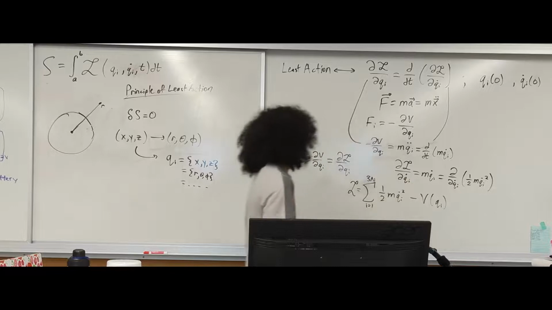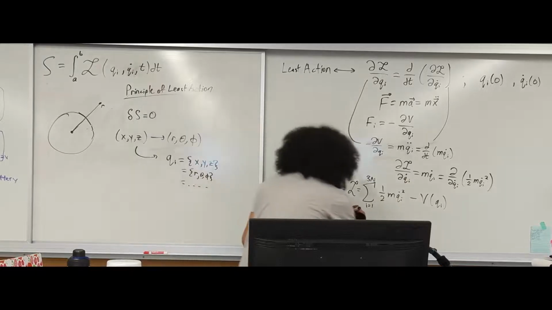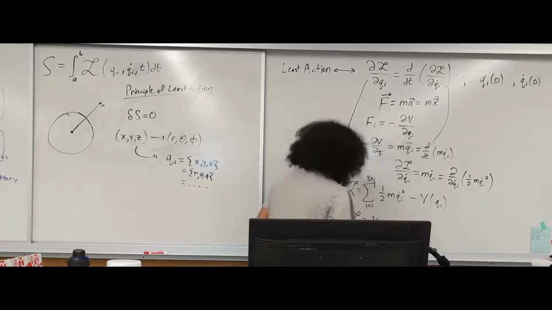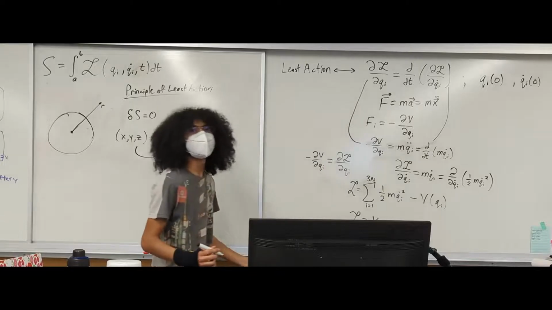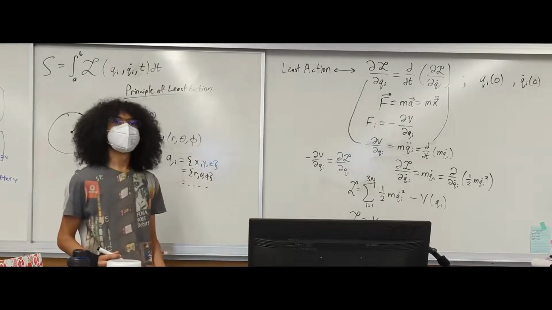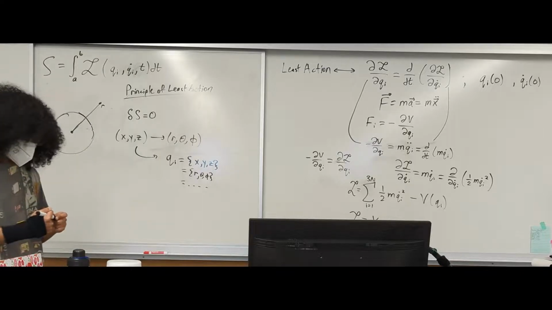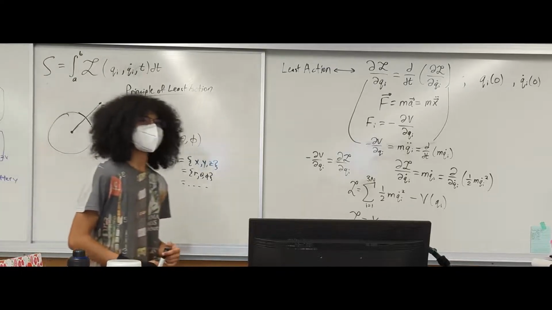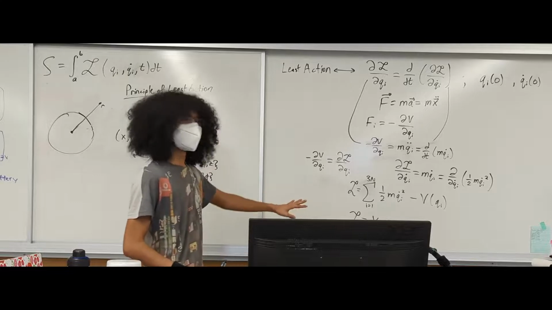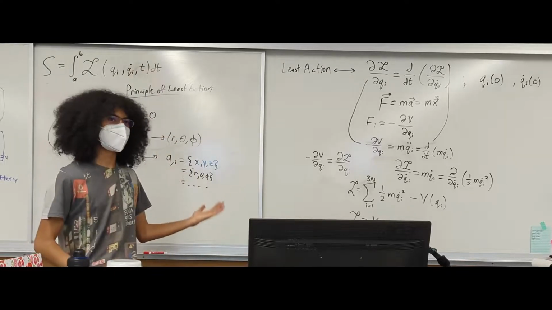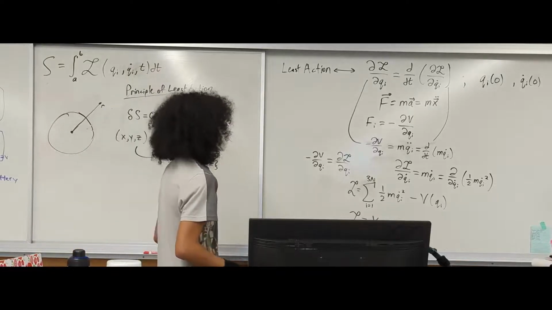Okay, so what is this actually? It's the kinetic energy minus the potential energy. And just to confirm, this is a conservative potential? Yeah. Okay. So this is when we're dealing with a conservative system. When we're not, it's more complicated, but I don't want to get into that because it's not important for the main ideas of Lagrangian mechanics.